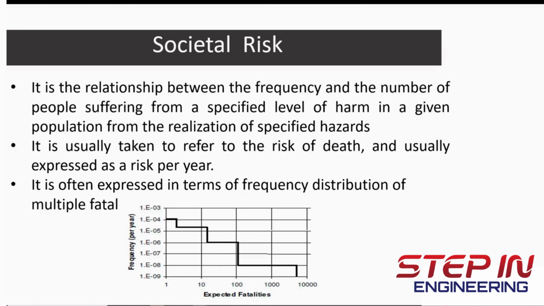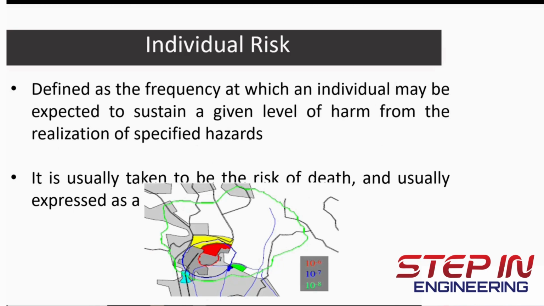Is it clear? So now, how do we express the individual risk from a QRA perspective? We can present the individual risk in terms of multi-level individual risk contours. Contours mean risk value, consequence into frequency. This green color line, this green curve, covers that area.